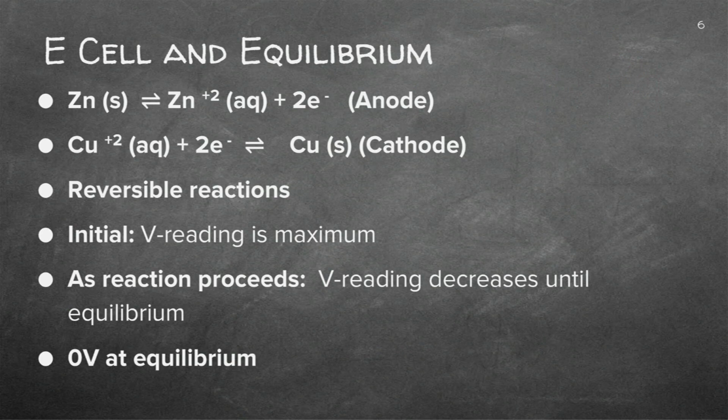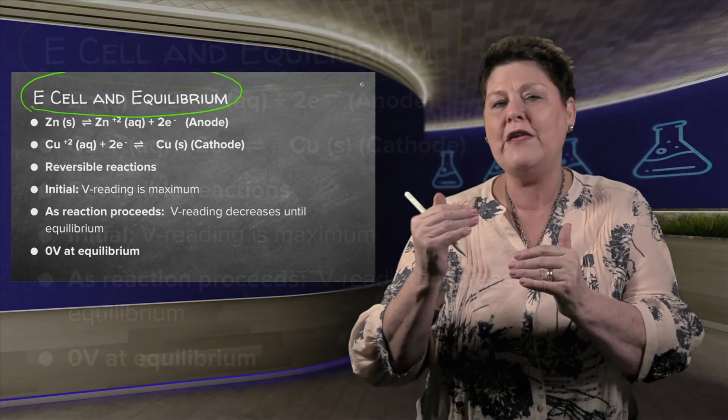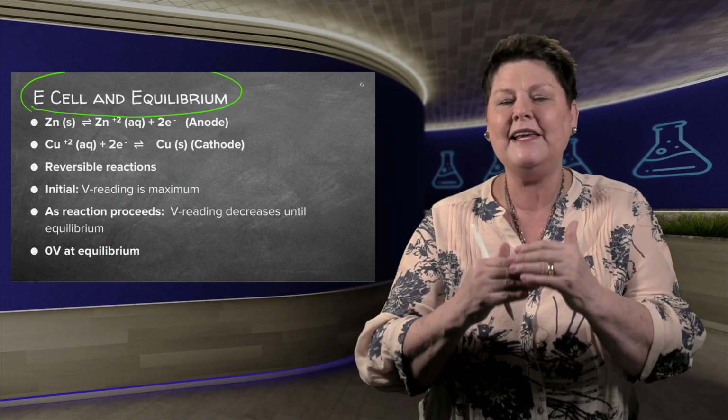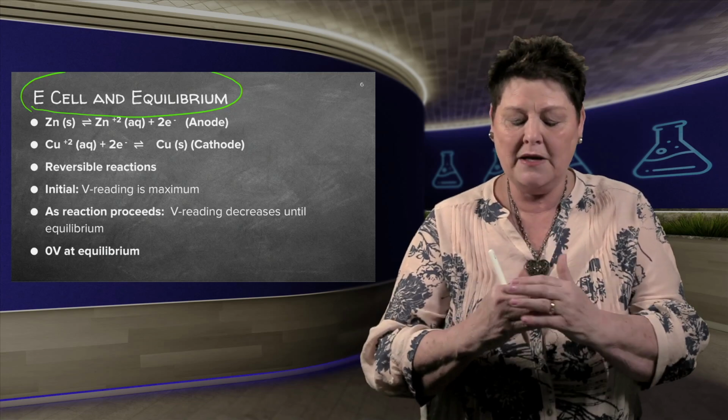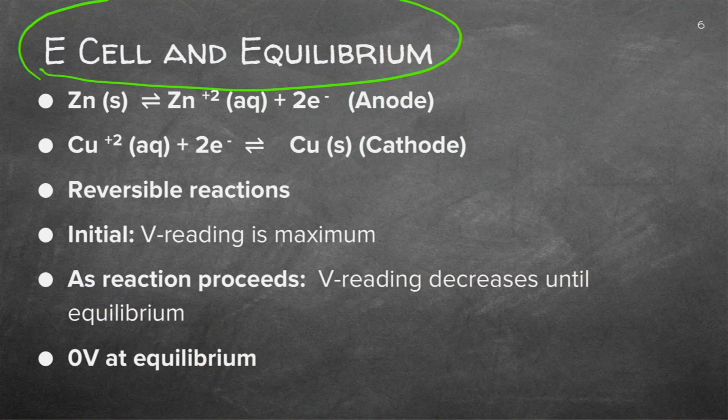Right, the E cell will also be involved with equilibrium. Now, equilibrium is when the forward and reverse reaction is happening at exactly the same time. So let's have a look. I've got the explanation for zinc, which is the anode.